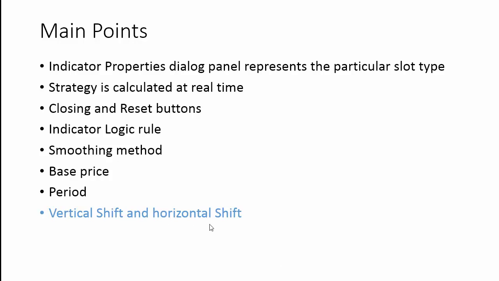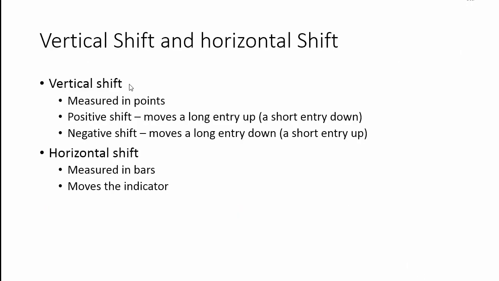Later we have vertical shift and horizontal shift. What is the vertical shift? The vertical shift is measured in points, and when the vertical shift is positive, it moves the long entry up. Accordingly, it moves the short entry down.